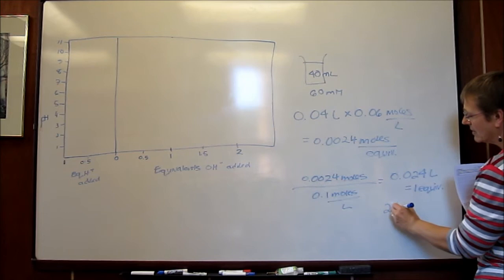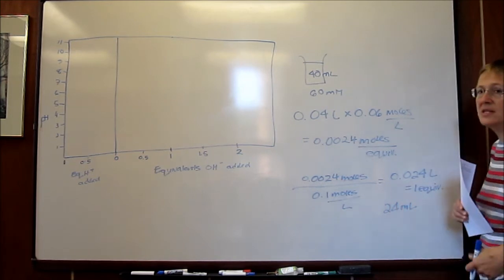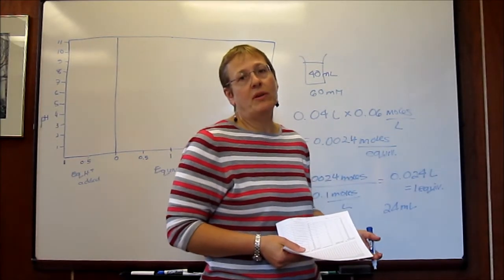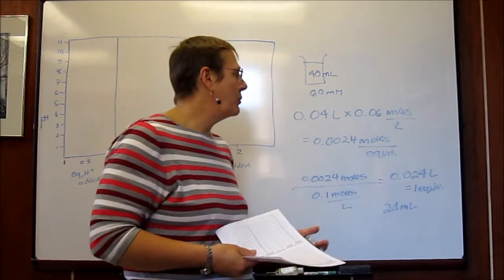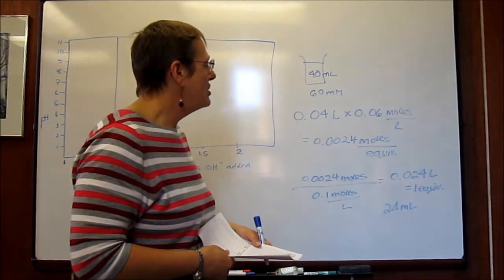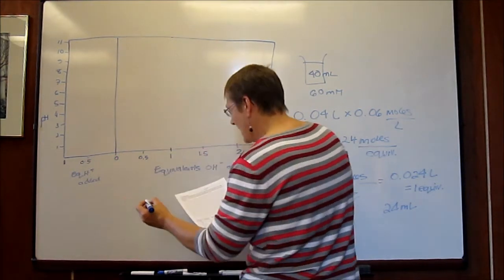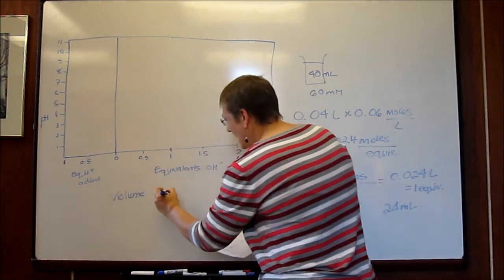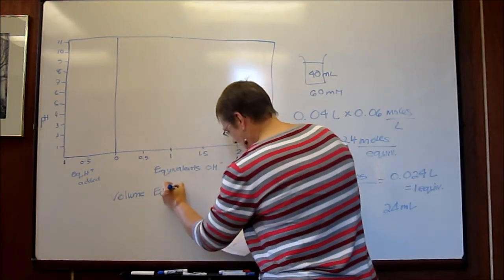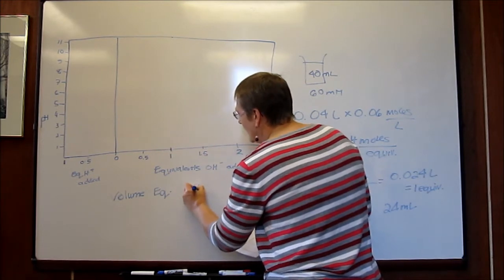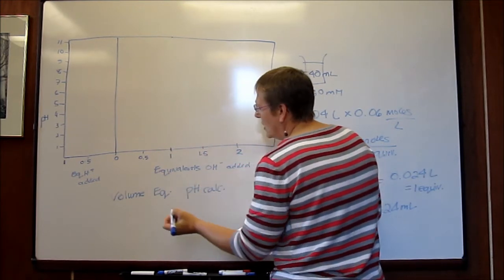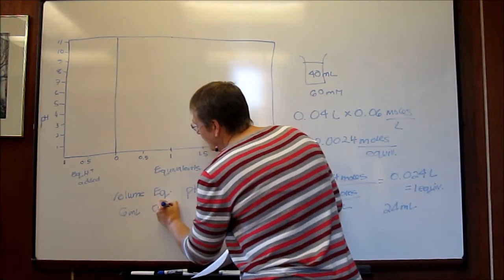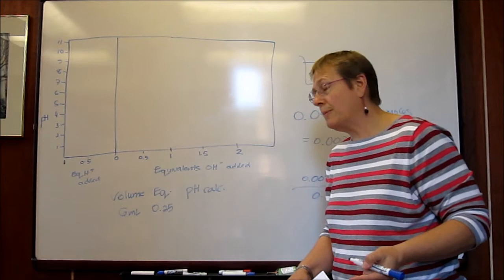That is 24 mils. So 24 milliliters is equal to an equivalent. So we can then say 12 milliliters is equal to 0.5 equivalents, or 6 mils is equal to 0.25 equivalents, and so on. To build your table with volume and equivalents of acid added and pH calculated, you simply say, okay, we have 6 mils, that's equal to 0.25 equivalents. Then we have to figure out what the pH is.